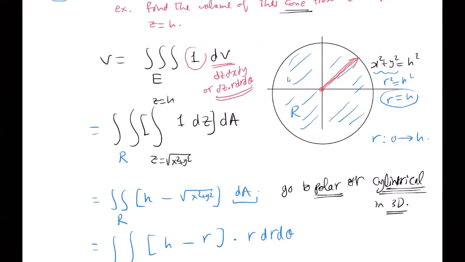Again and again, I write it in details for the PDFs I sent to you. Fix theta. Read r, vary r. Read it from 0 to the equation of r here. Yes, r equals h. You are right. Sorry, Sama? Here r is h, exactly.